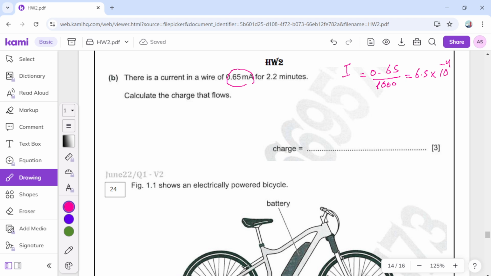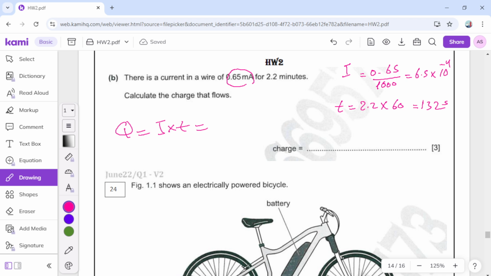Okay, in 2.2 minutes, what is the time? You have to convert it to seconds, multiply by 60. I have to use my calculator again. So now 2.2 multiplied by 60 equals 132 seconds. Now we are asked to find the charge. Again, charge equals I multiplied by time.